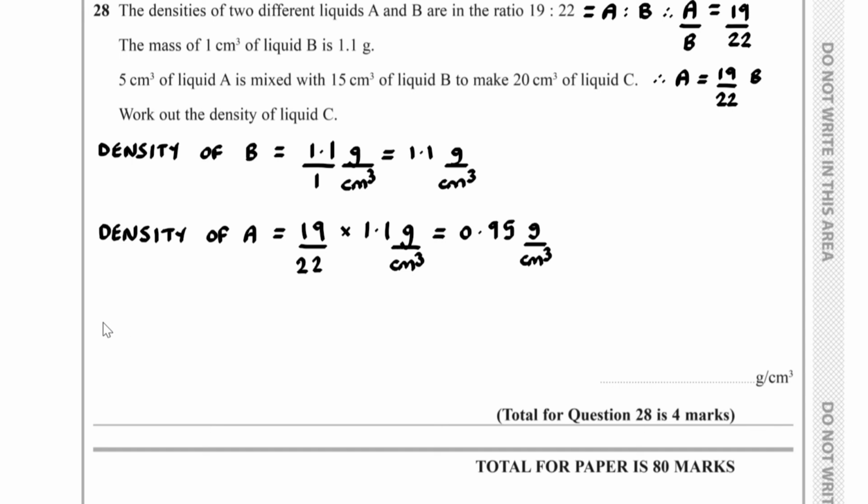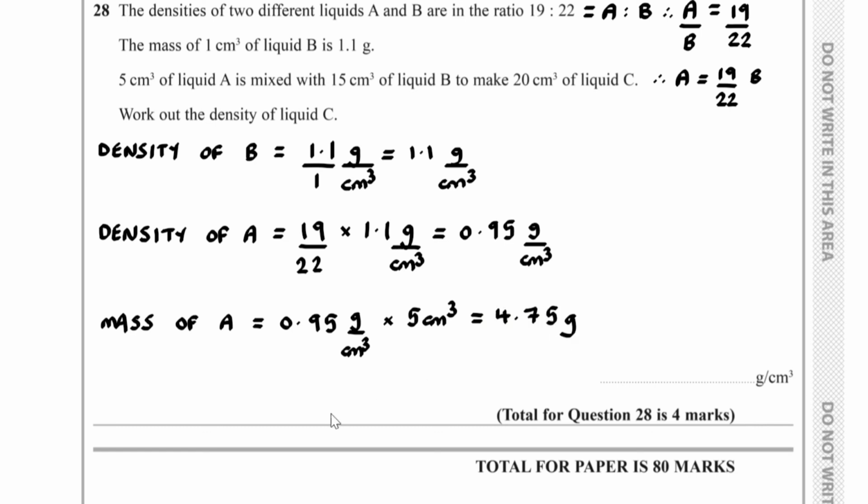So the mass of A is equal to the density of A, 0.95 grams per centimeters cubed, multiplied by the volume, 5 centimeters cubed, and it turns out we get 4.75 grams.